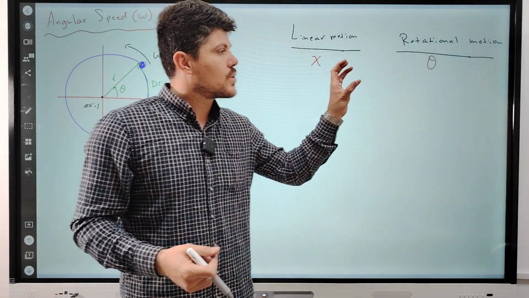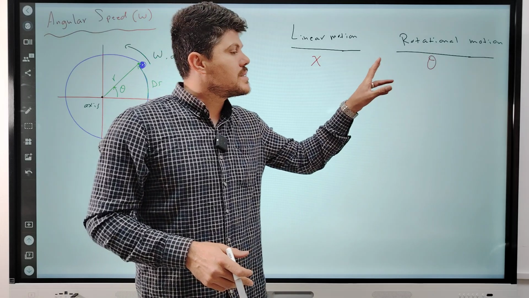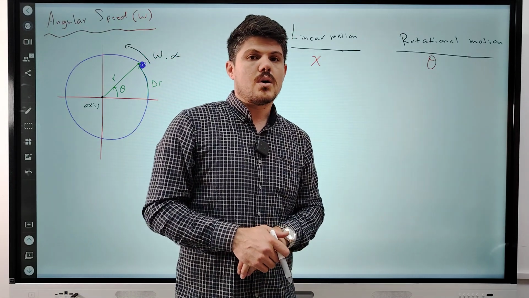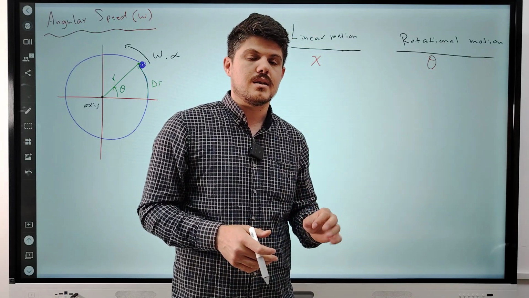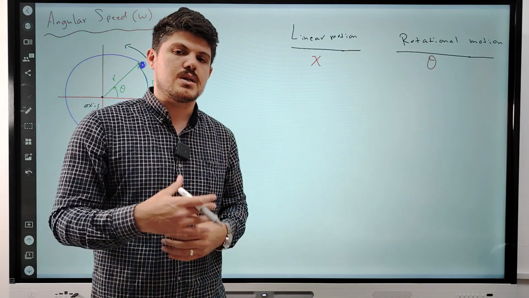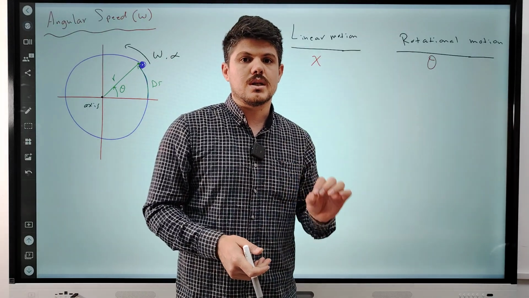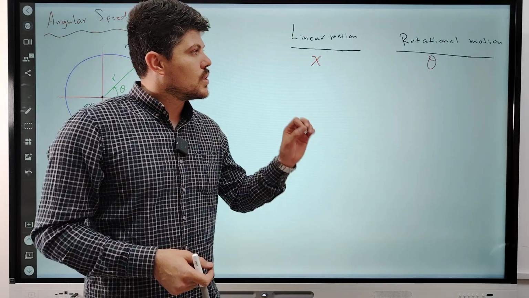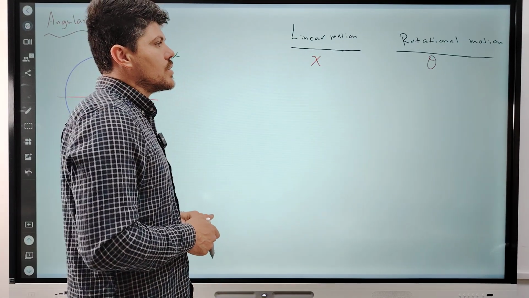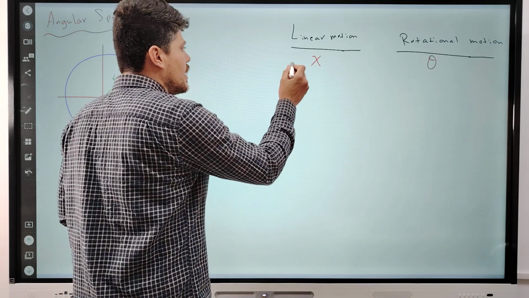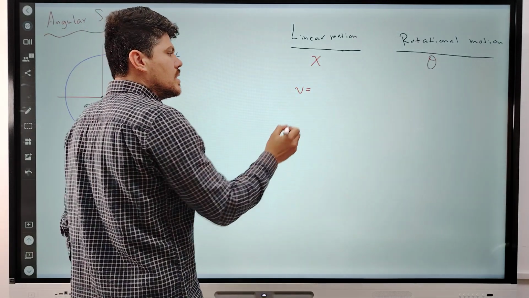But theta in rotational motion, which you will study in grade 12, is the angular displacement of an object, and it is measured in rad. In the case when the angular displacement is given in degrees or revolutions, then you have to convert it to rad. Why? Because the question can be solved for the angular speed with rad, not with degrees or rev. Another variable is velocity.